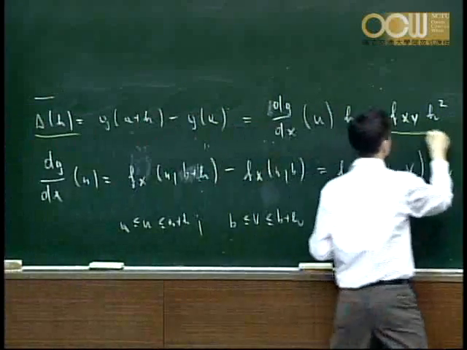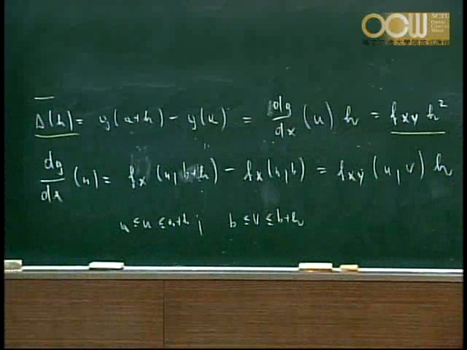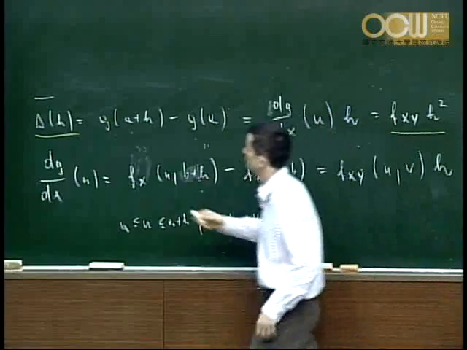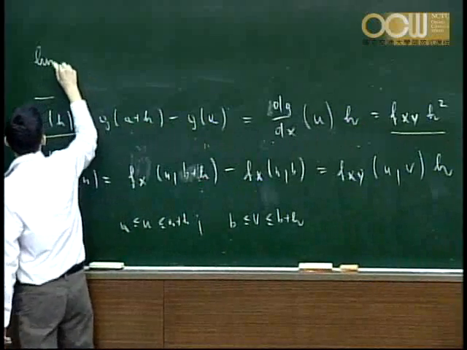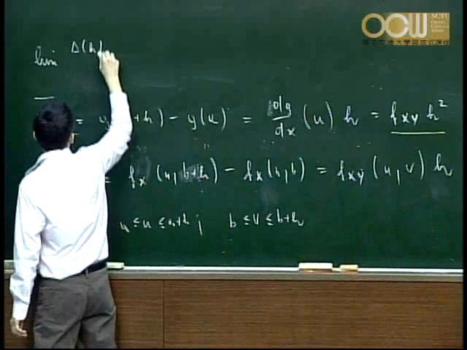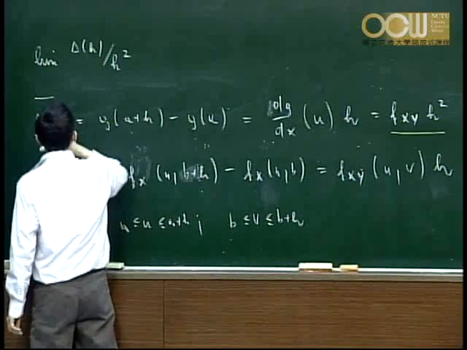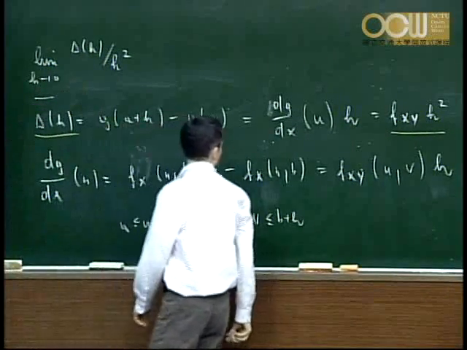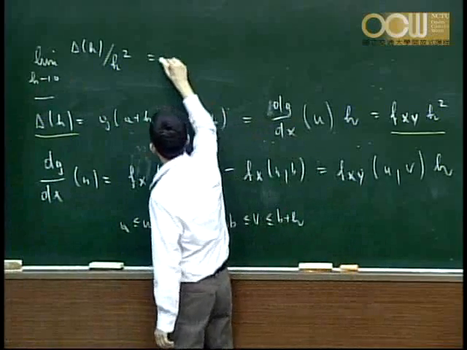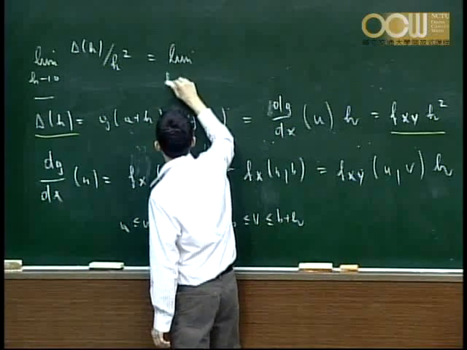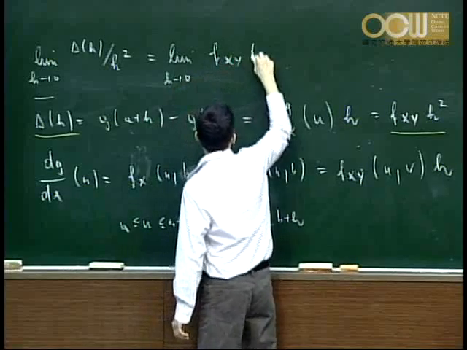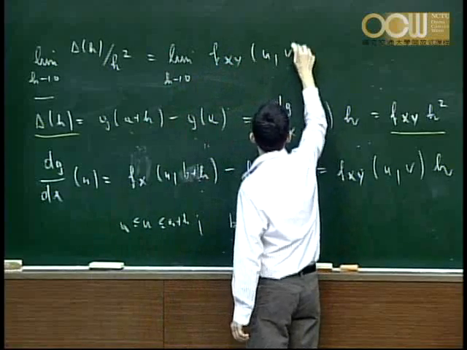If you look at this relation here, you can divide everything by h squared and let h tend to 0. Okay, so you have the limit of delta h over h squared as h tends to 0. Now we are not sure whether this limit exists, so we have to look at this here: f of x, y, and then you have u and v.